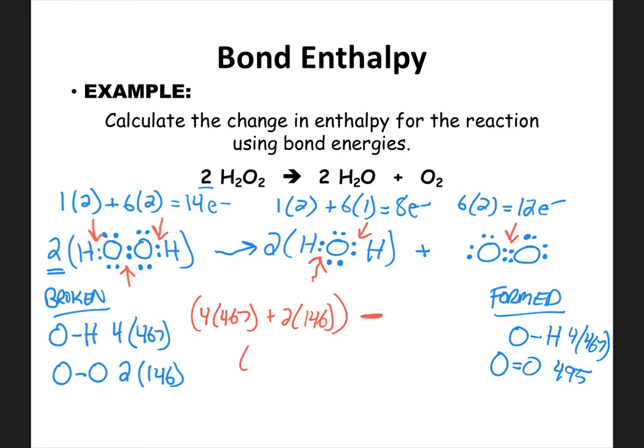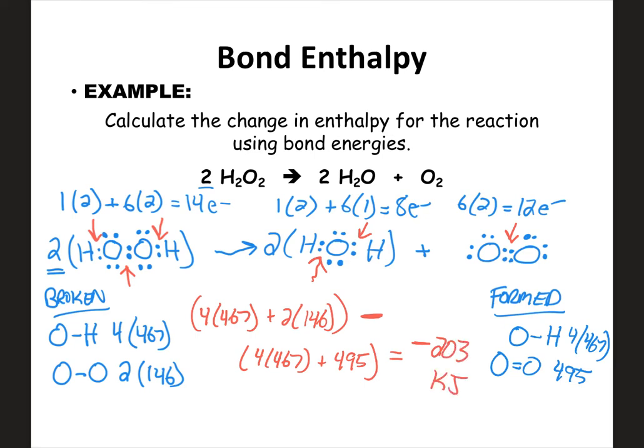So it's going to be minus 4 times 467, plus 495. Remember, you need to total up all the formed. If you total up all the broken, total up all the formed, and then subtract them, you should get negative 203, and these get units of kilojoules.